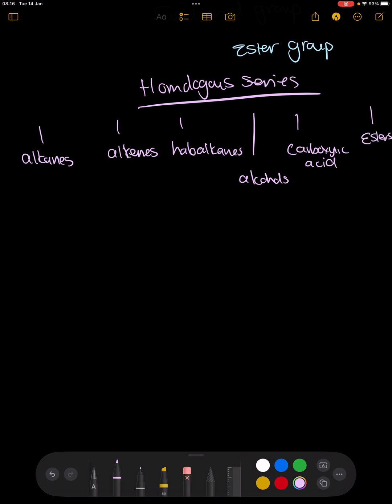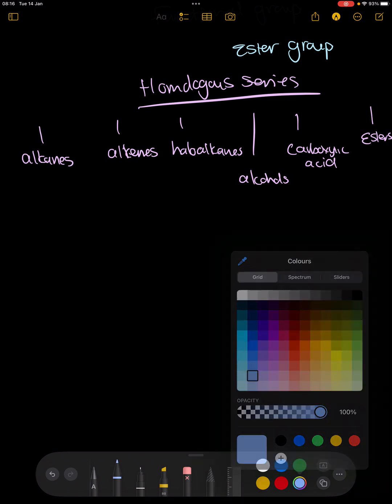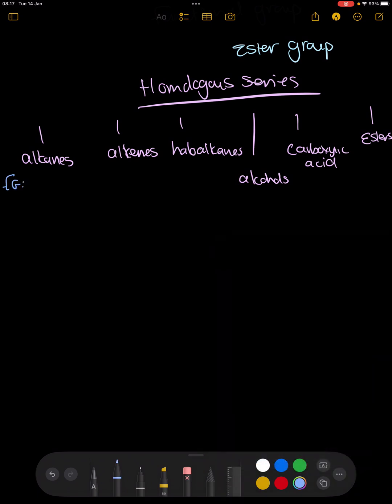If we go have a look at the functional group, so let's just do the functional group at the bottom. The functional group for an alkane is going to be a saturated hydrocarbon. The functional group for the alkenes is going to be a double carbon bond. The functional group for your haloalkanes is just going to form part of your hydrocarbon, so this would just be a plain old hydrocarbon.